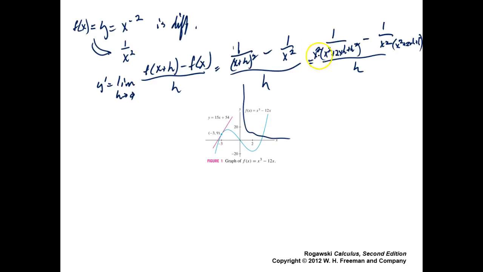I multiplied by x squared, so I have to multiply the numerator by x squared too. Notice how tricky I did that. What did I have to multiply the second one by? x squared plus 2xh plus h squared. Now we have a common denominator, thank goodness. So our first numerator is x squared minus, now let's distribute the minus sign into the numerator of the second one. What does that give us?